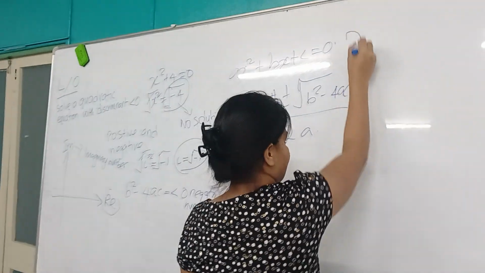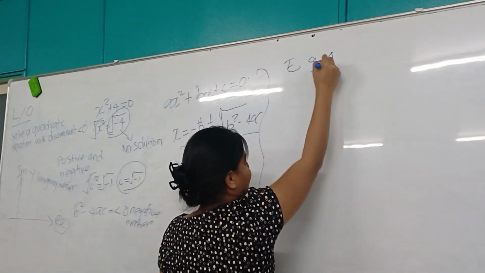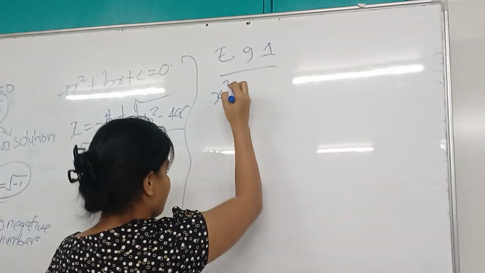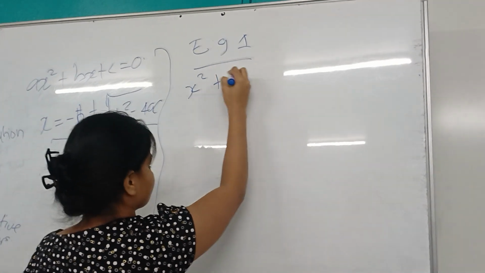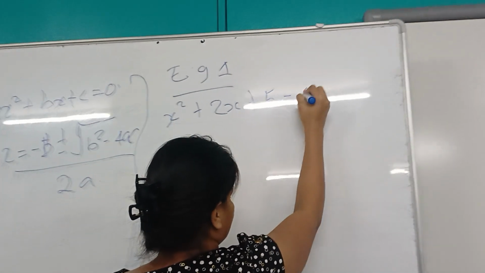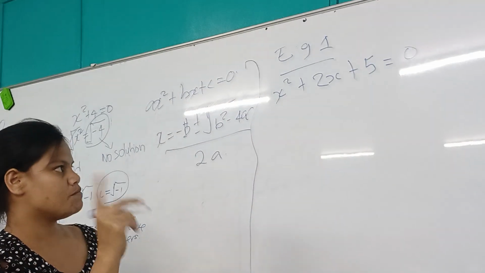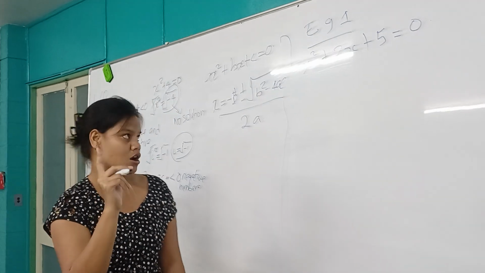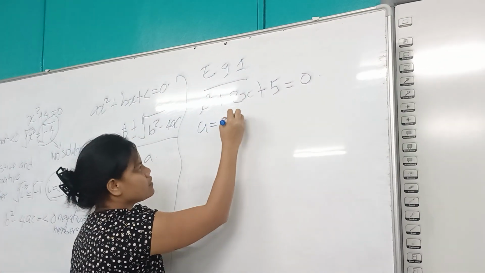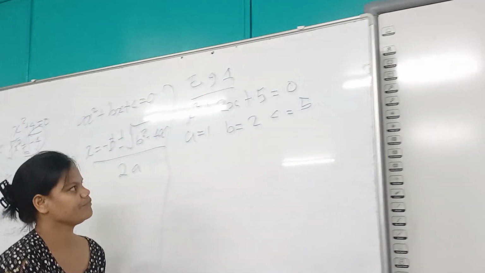So let's solve example 1. How to solve this question? x squared plus 2x plus 5 equals 0. The most important thing is you must identify the values of a, b, and c. a equals 1, b equals 2, c equals 5.